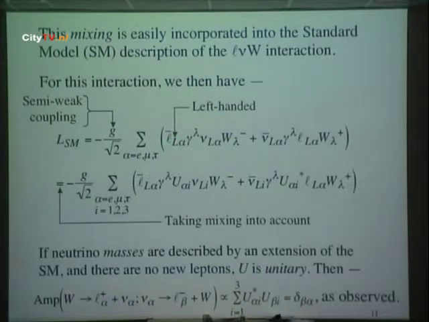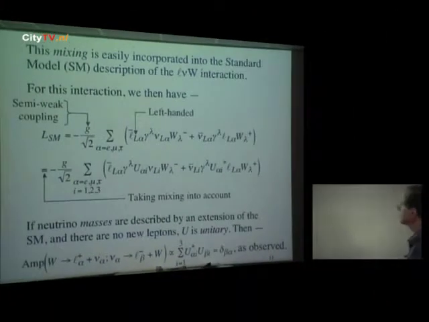The L reminds us that the weak currents are left-handed. W is obviously the W boson. To incorporate mixing, all you do is you replace the neutrino of definite flavor by the linear quantum superposition of mass eigenstates that we spoke about before. And now this takes mixing into account.